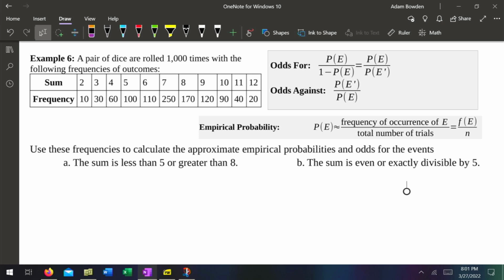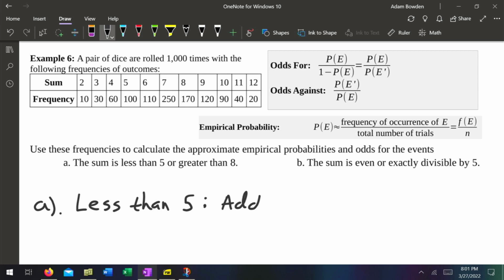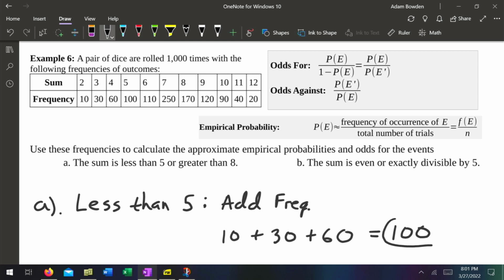So for the first part, where it says the sum is less than 5 or greater than 8, if we look at our table above, for less than 5, we add together the frequencies of how many of those occurred: 10 plus 30 plus 60 equals 100 times the sum was less than 5.